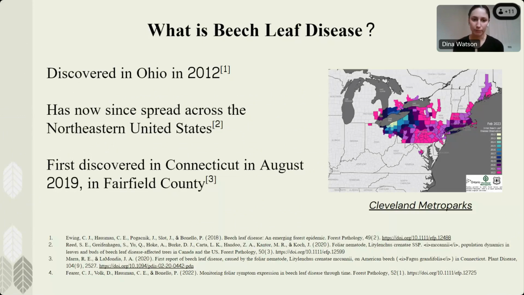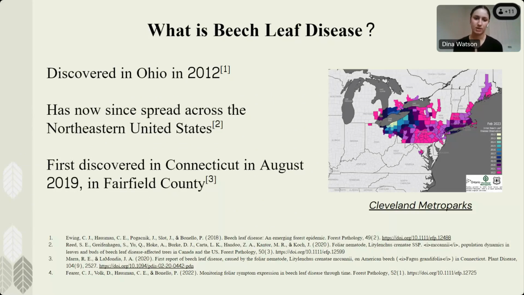It is a novel forest disease affecting American beech in the eastern United States, and it was first discovered in Ohio in 2012. Since its discovery, it has now spread across the northeastern United States.